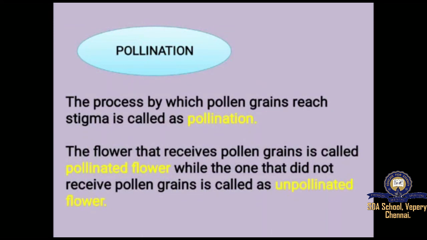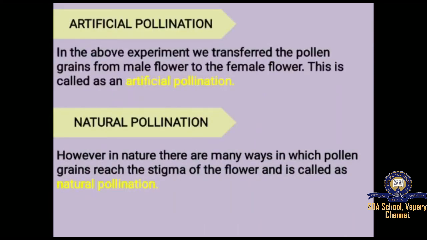The process by which pollen grains reach the stigma is called pollination. There are two types of pollination, artificial pollination and natural pollination. In artificial pollination, we transfer pollen grains from the male flower to the female flower artificially, and in natural pollination, the pollen grains reach the stigma of the flower naturally.